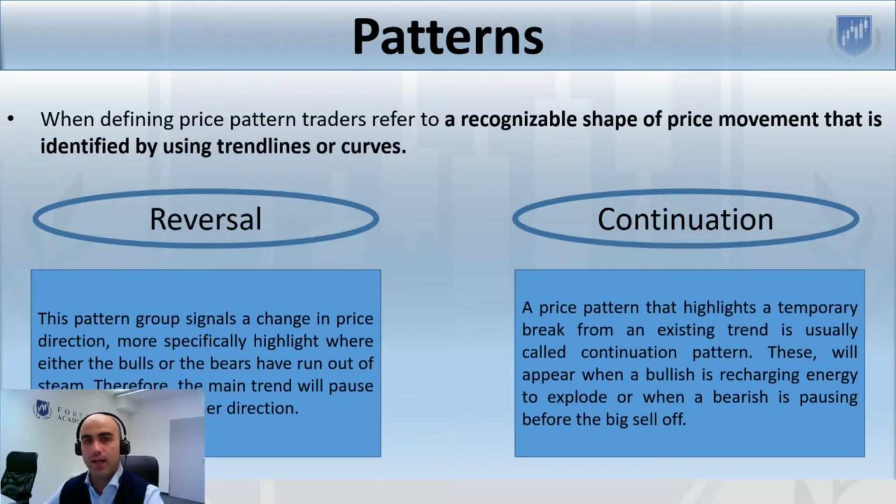On the other hand, a bearish trend can also take a pause, giving us signals through patterns and then keep moving on its sell off. But let's have a look at the main patterns that we can match within these two categories.